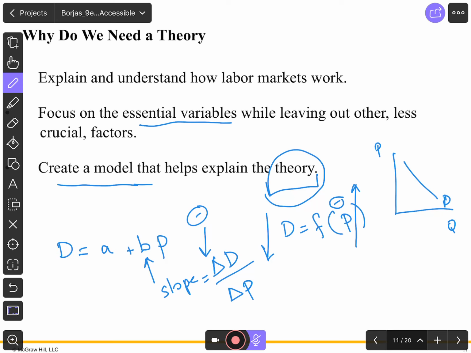So we try to translate all our understanding of the theory into a certain model so that we can take this model, collect important data related to this model, and run this model and try to see whether our observations and our predictions from this model match what the theory was saying.